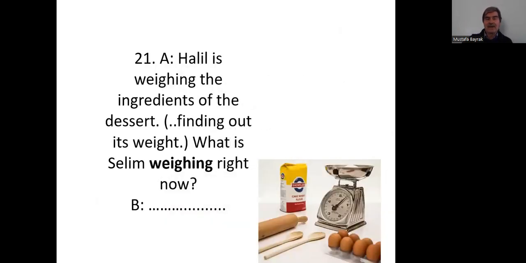Now, this is the action verb of weigh. Halil is weighing the ingredients of the dessert. What is Halil doing? Halil is weighing. I mean, Halil is finding out its weight, the weight of the ingredients, finding out their weights.